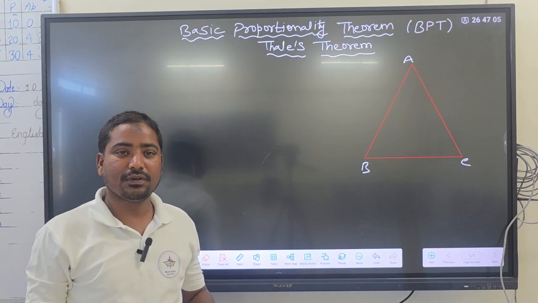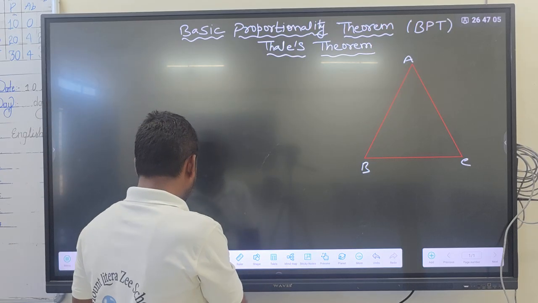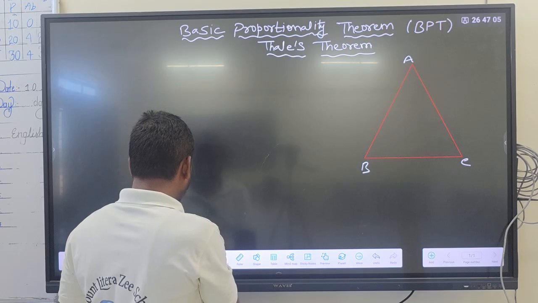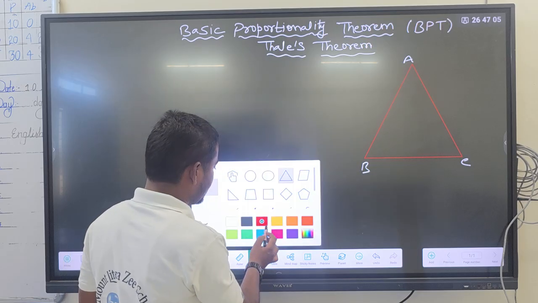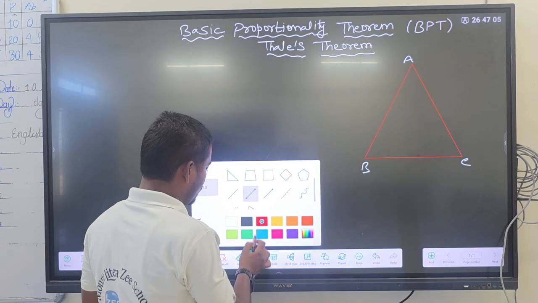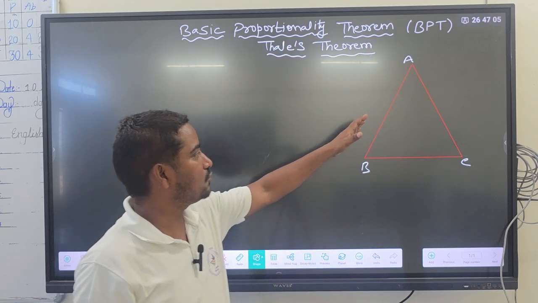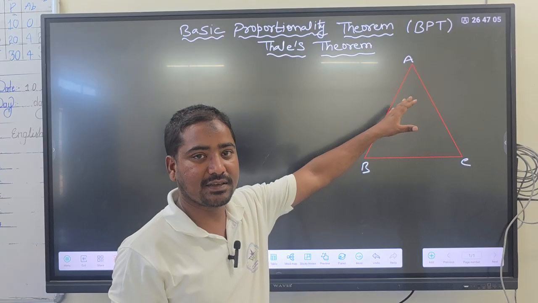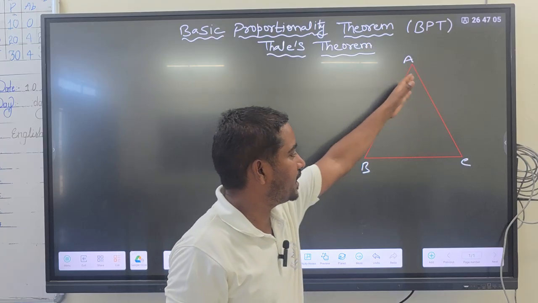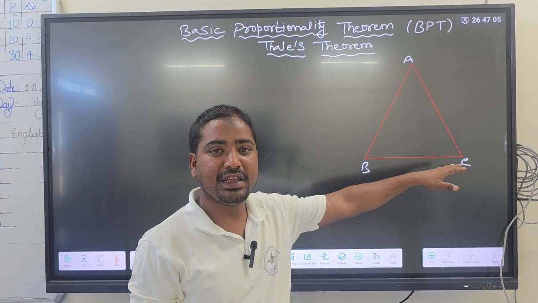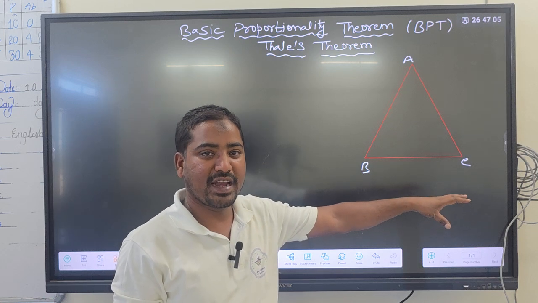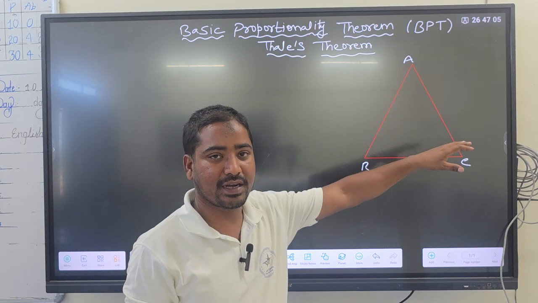If a line is drawn parallel to one side of a triangle. So first we will see one line and we will draw it parallel to one side of a triangle. One side means, we are having three sides in the triangle, AB, AC and BC. So any one side you can consider and you can take this line parallel to that side.